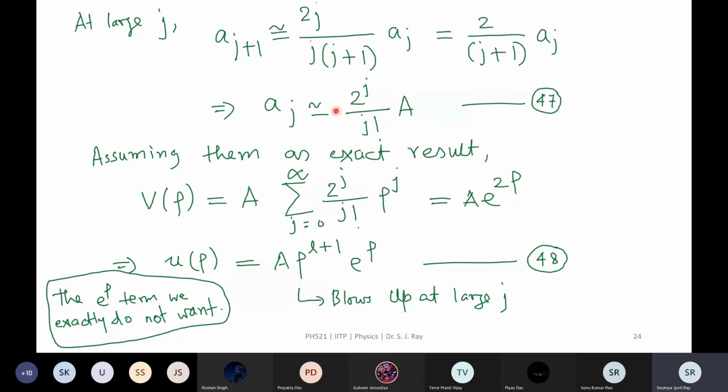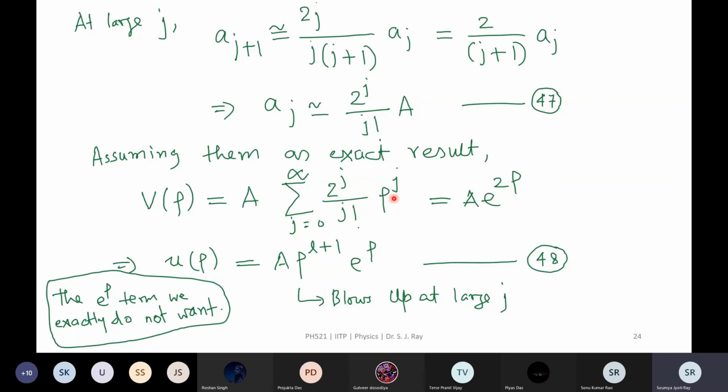Now if I want to know the exact form of the solution, then I will put these values of a j into the expression for v, and I get this particular form: A times the sum from j equal to 0 to infinity of 2 to the power j divided by j factorial times rho to the power j.